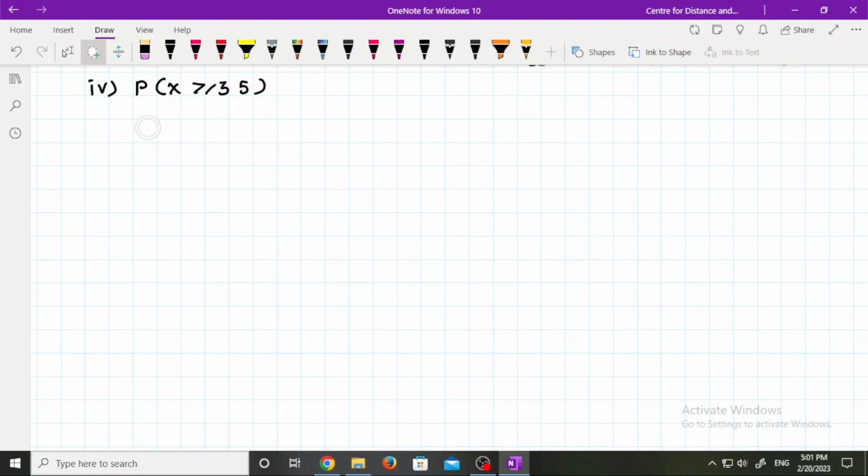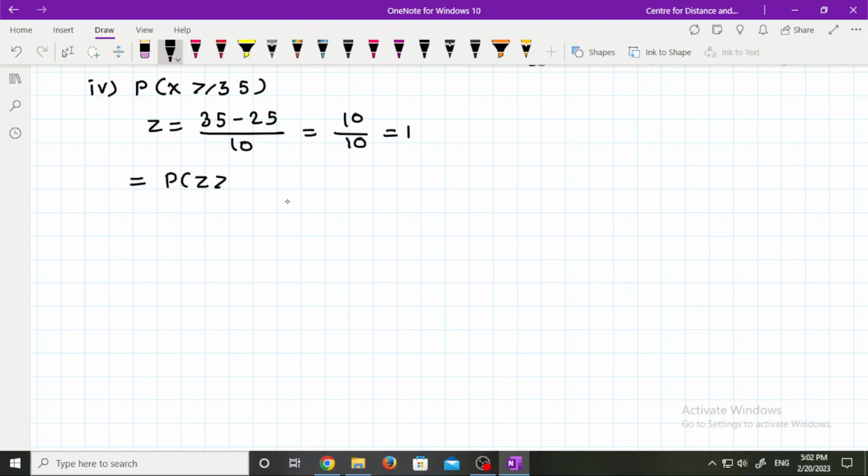First find out the value of z, that is z is equal to x, 35 minus 25 divided by 10, which is equal to 10 divided by 10, which is equal to 1, that is equal to probability of z greater than or equal to 1, which is equal to probability of 0 less than or equal to z less than or equal to plus infinity minus probability of 0 less than or equal to z less than or equal to 1.